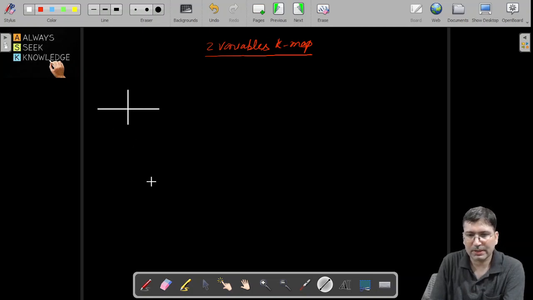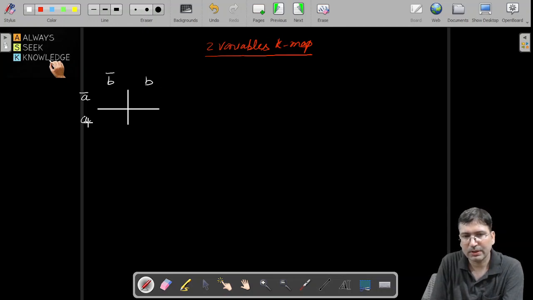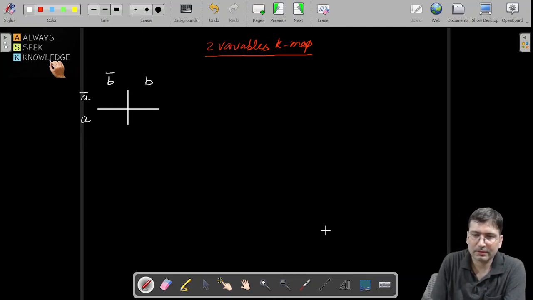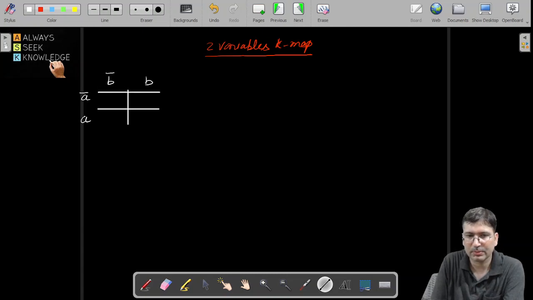If there are 4 cells, the combinations of 2 variables: one variable, let's say A bar, then it will become A here. If it is B bar, then it will become B here. So this is the 0th position. This is 0, 1, so it is position 1. It is 1, 0, so it is second, and this is third. It will look like this only. So there will be only 4 cells. You can draw it completely, right?